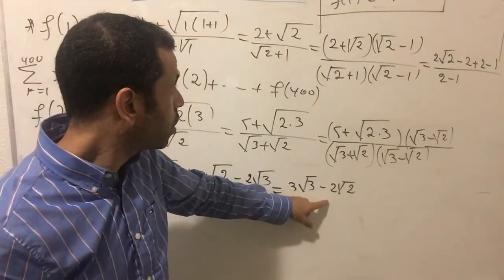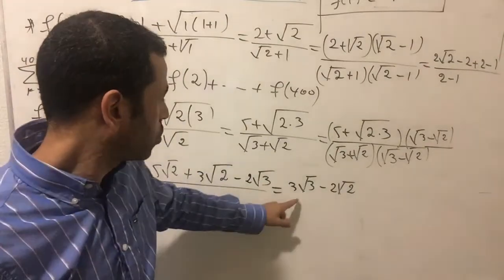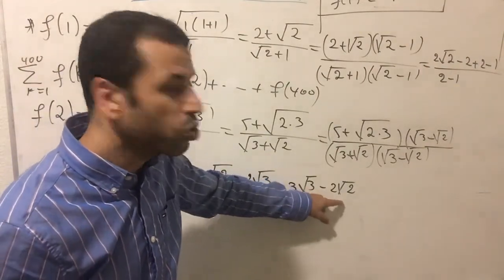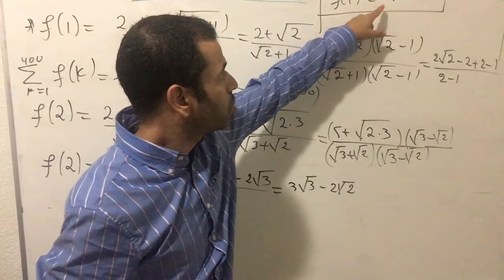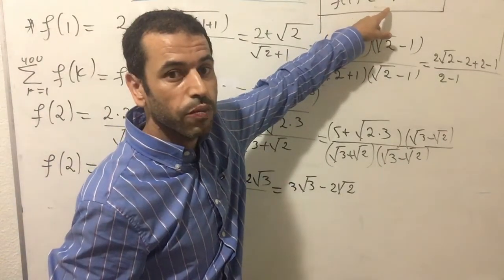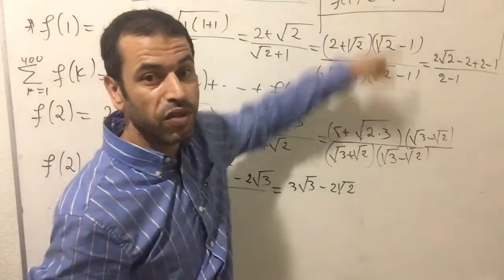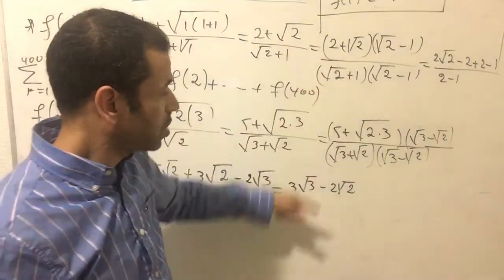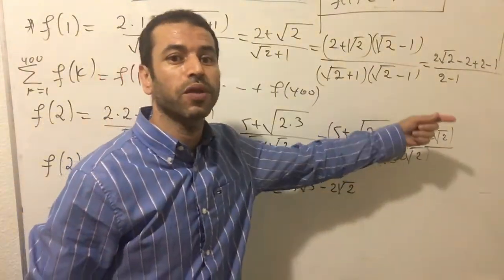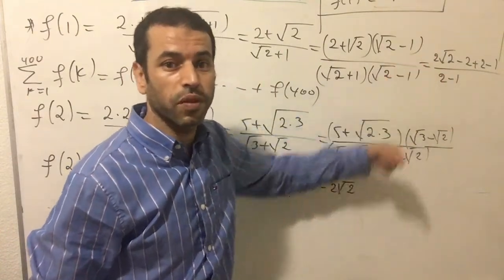You see here, I found f of 2 equals 3 square root of 3 minus 2 square root of 2. You see, 2 square root of 2 will be cancelled out with the next term, because one is positive, the other one negative. This calculation will keep repeating in the same form.